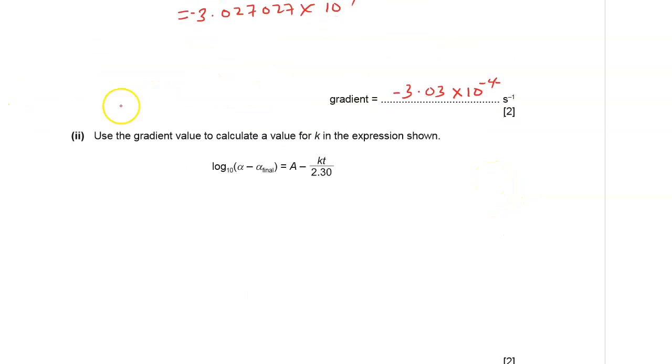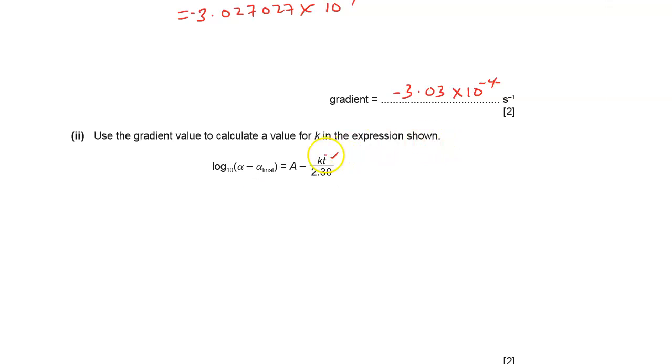Alright, use the gradient to calculate the value of k in the expression. Of course, you can use the equation of a straight line, y equals mx plus c. We plotted t against the logarithm of this, so you can rearrange this equation.